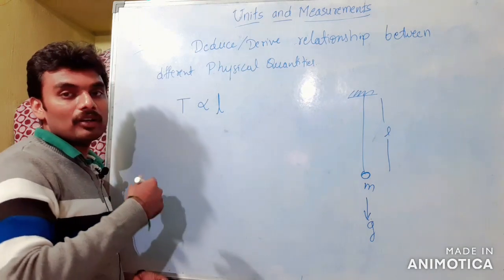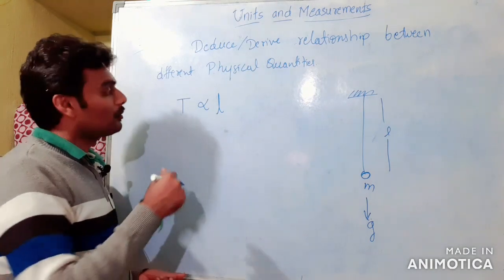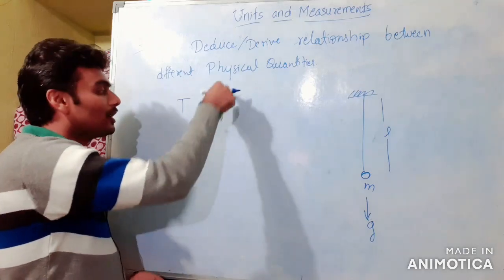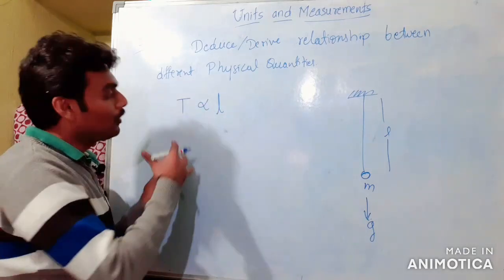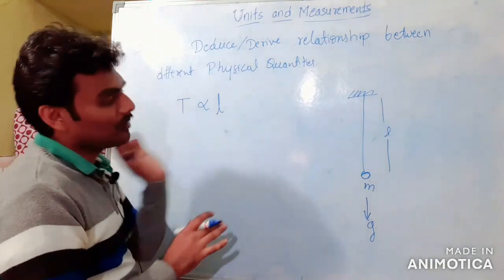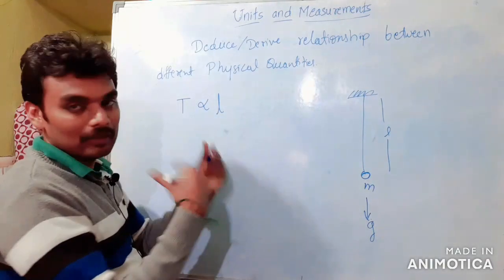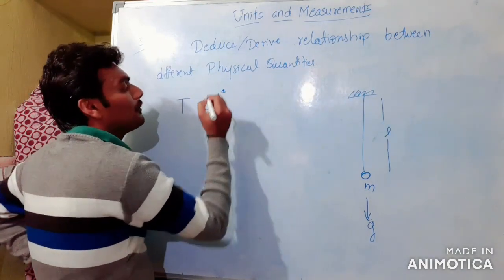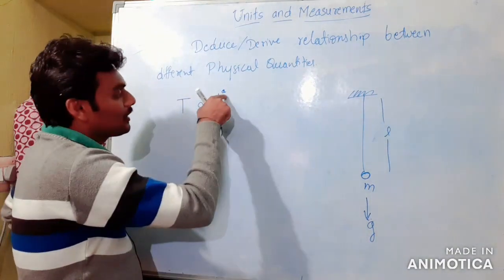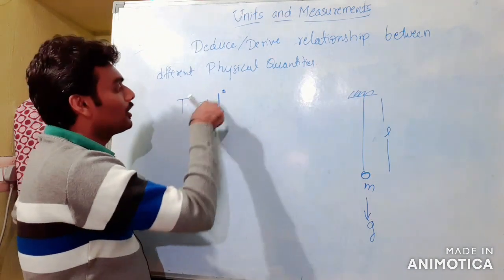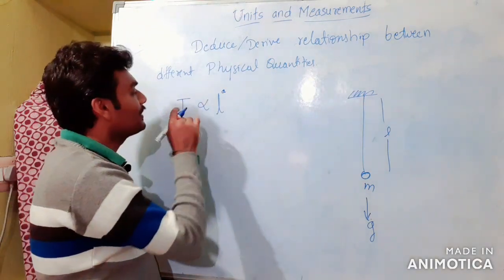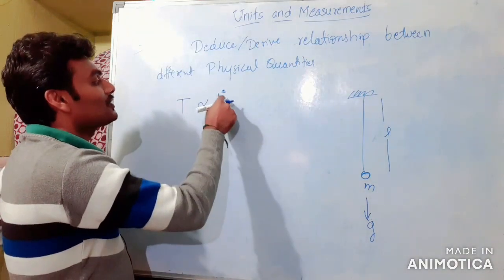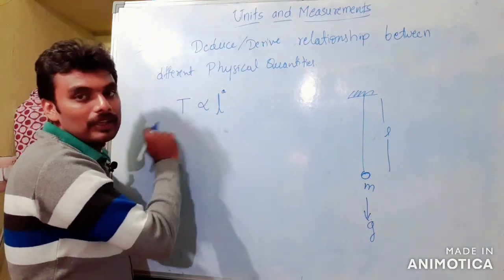It can be dependent on L to the power of 1, L squared, root L, or 1 by L. I don't know how, but what I know is yes, it is dependent on L. So what I take is L to the power of small a. Finally, we'll get what this small a is. But now what I have considered is that t is dependent on L in such a way that L raised to a decides the value of t.